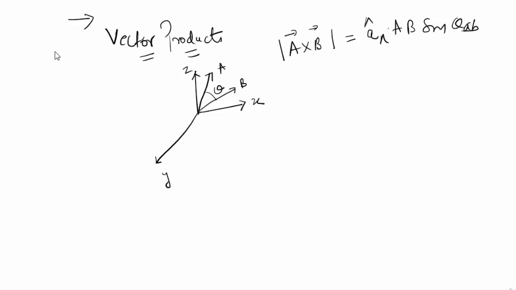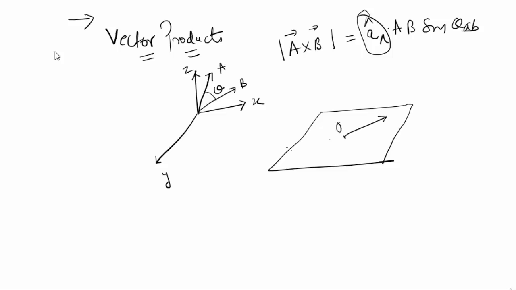To find the direction in which this vector will point, it can only be perpendicular, but it can go in this direction or in that direction. Suppose a vector is located in a plane. I have the origin, I have vector A here and another vector B here.